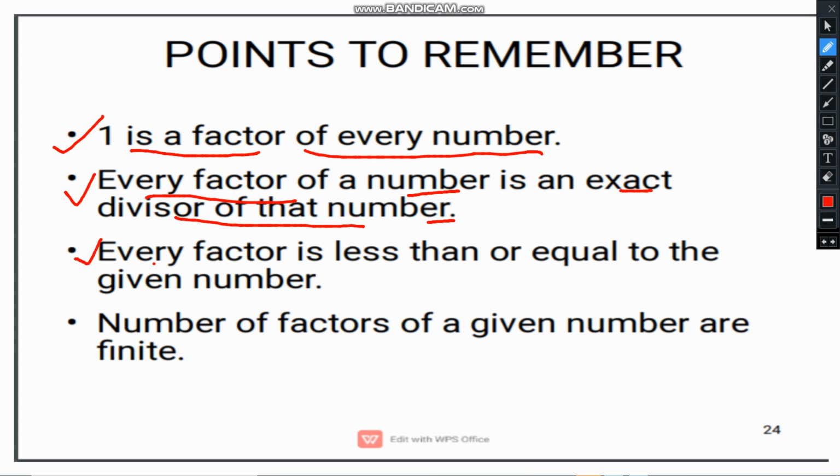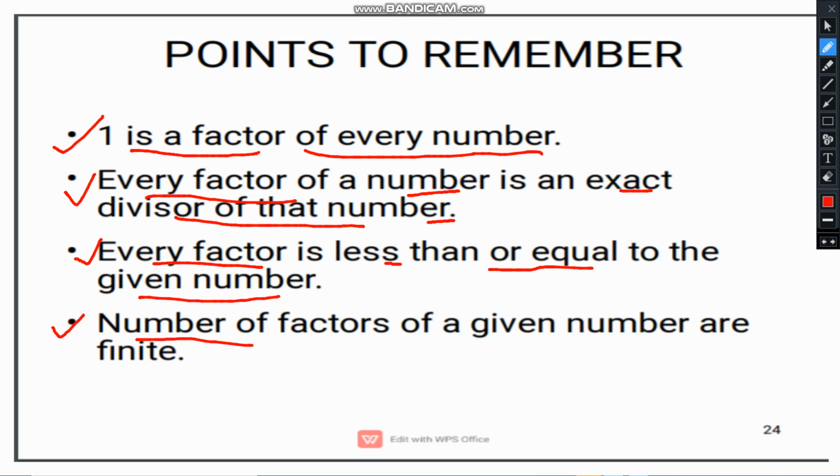Then third point is every factor is less than or equal to the given number. Means जो largest factor होगा वो number itself होगा, बाकी सब उससे छोटे होंगे. So every factor is less than or equal to the given number. 27 है नंबर, तो 27 से बिगर फैक्टर नहीं हो सकता. या तो 27 होगा या 27 के लेस होगा कोई नंबर. That will be the factor.